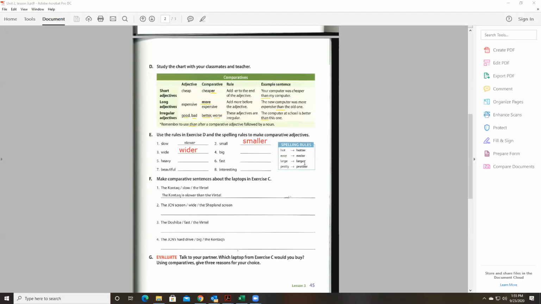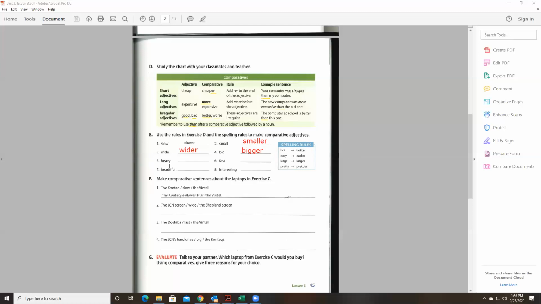Okay. Next one is big. Big is a short adjective. With this one, you will actually add another G, ER. Okay.